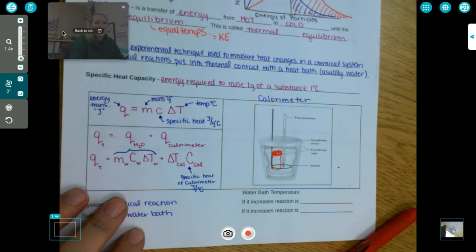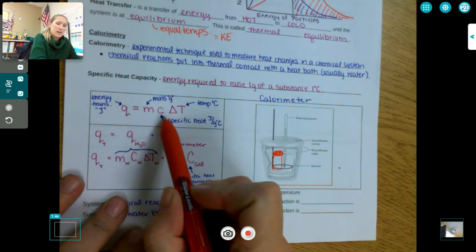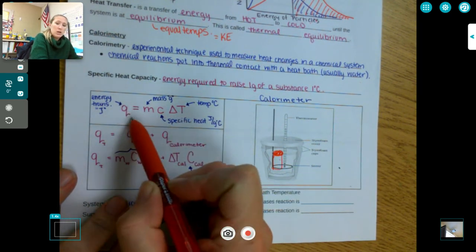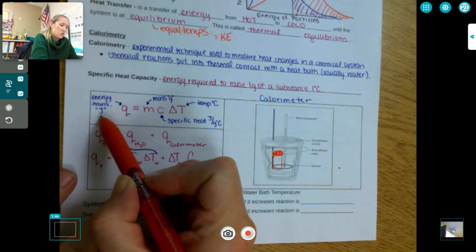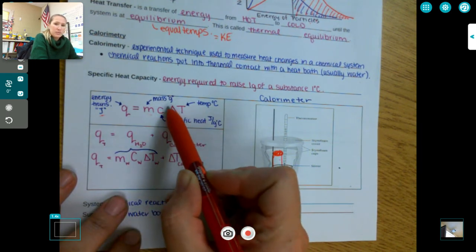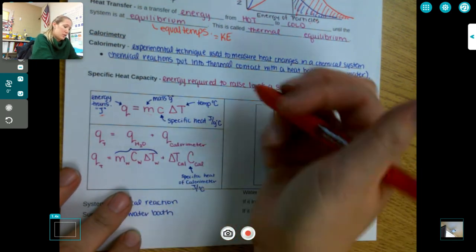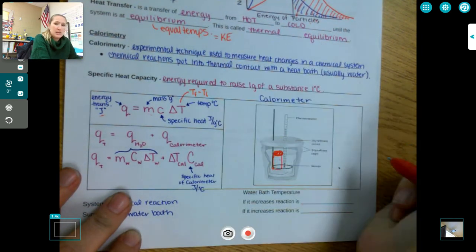So we remember that one of the ways that we can quantify this is to use our equation where Q equals MC delta T, where Q is my variable for energy, which we calculate in joules or J. M is my mass in grams. Delta T is the change in temperature. Remember that is T final minus T initial.